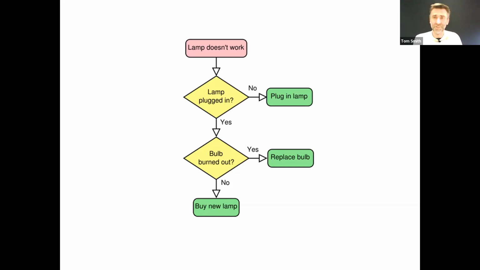You could tackle this by saying, okay, there's a page of different shapes. Starting at the top, there is a pink rectangle, and the rectangles have radius corners, and within that box, it has the text lamp doesn't work. There's an arrow pointing down to a diamond that's yellow. And I could keep on going like that.